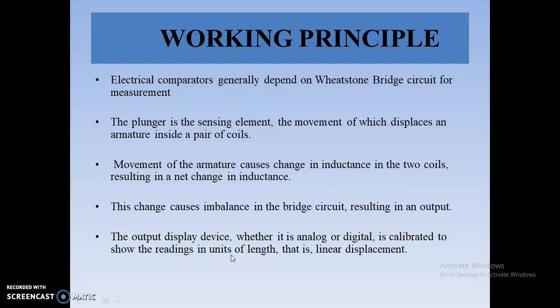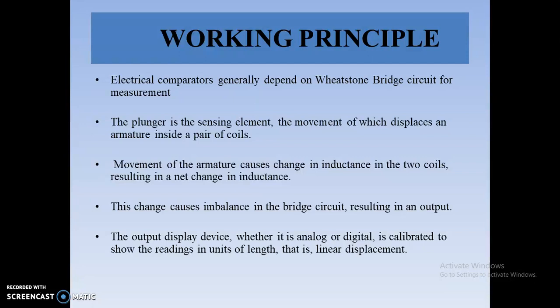That means the movement of the plunger causes displacement of the armature. The displacement of the armature causes change in the inductance of the two coils. As the inductance changes, the balance condition of the Wheatstone bridge is broken.